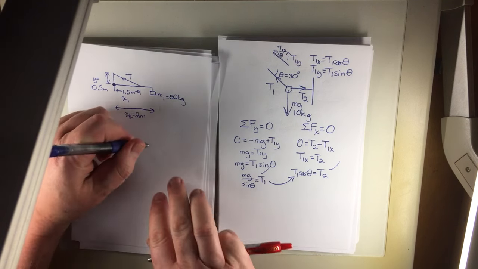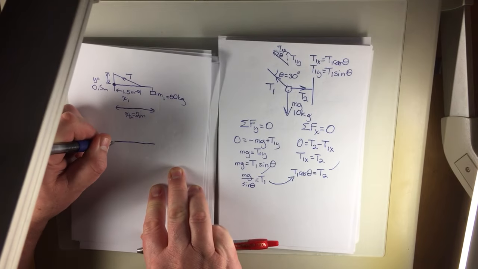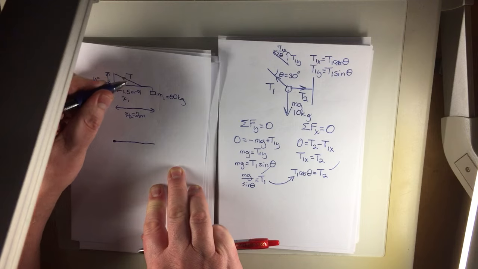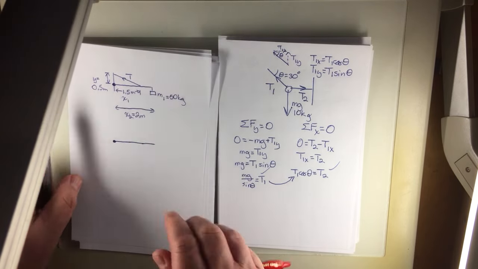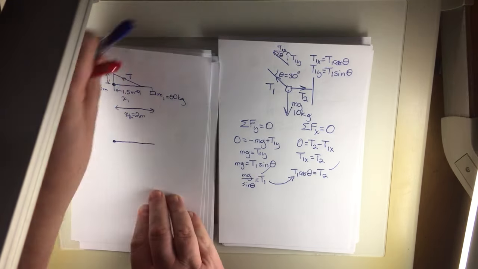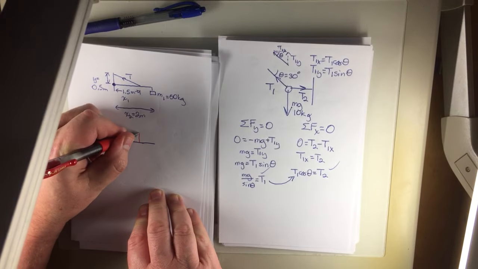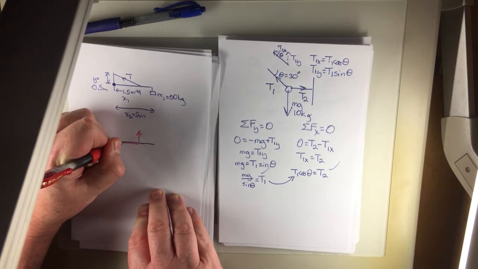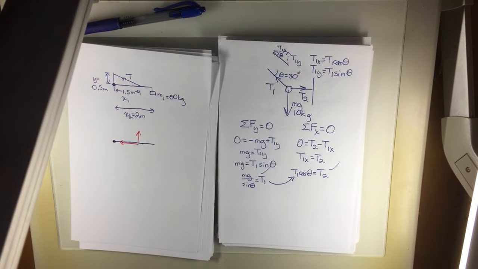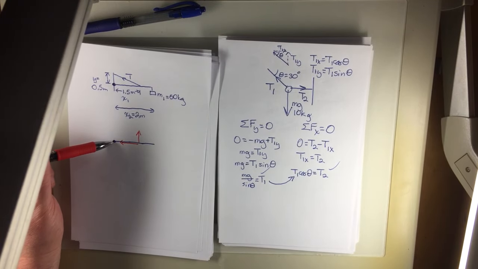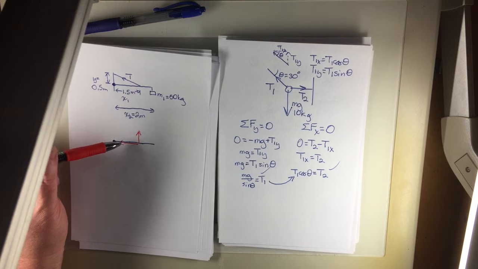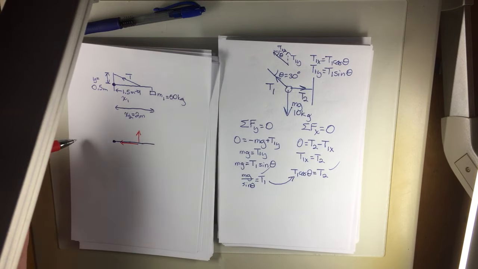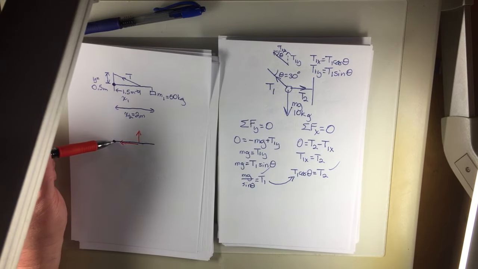So looking at just the bar, that T has a vertical component and it has a horizontal component. The horizontal component does not affect the rotation here because in this plane, the distance from that force to the rotation point is 0.